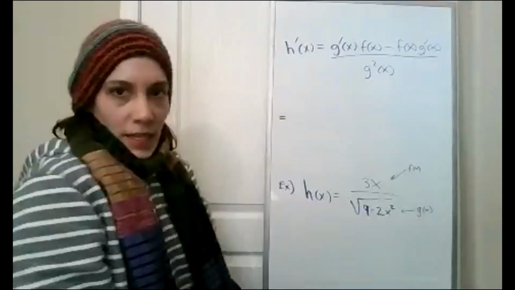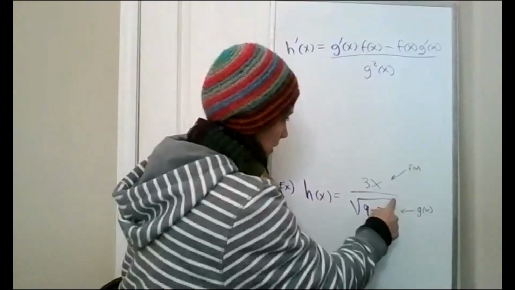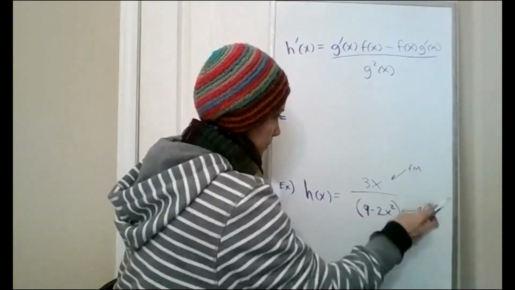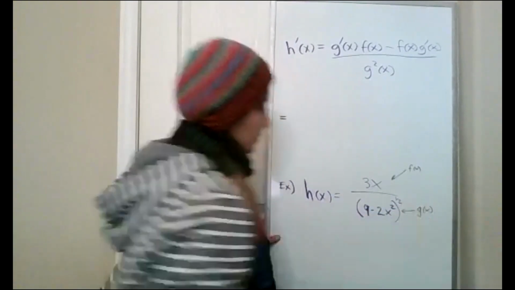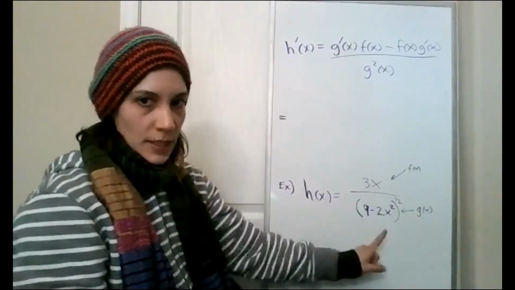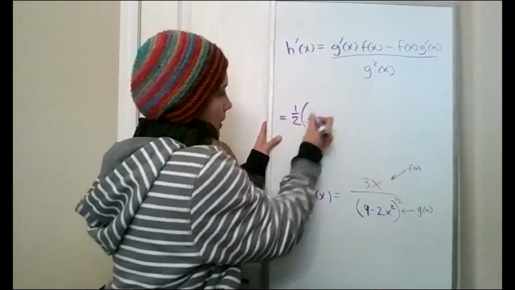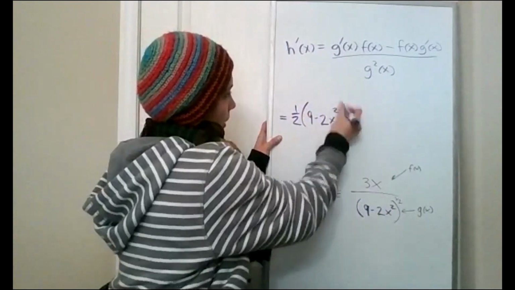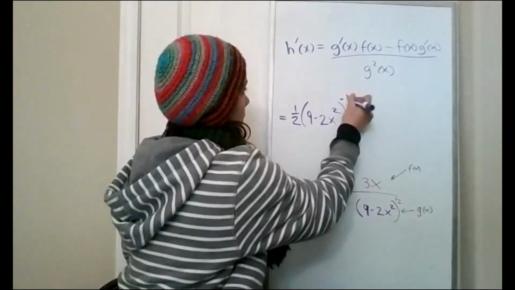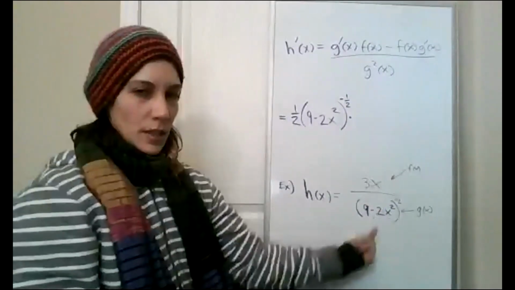Okay, so we need to maybe rewrite this as a 1/2 power. So g prime of x will take 1/2, leave the inside, subtract 1 from that power, power of negative 1/2. And then multiply by the derivative of the inside, which is -4.